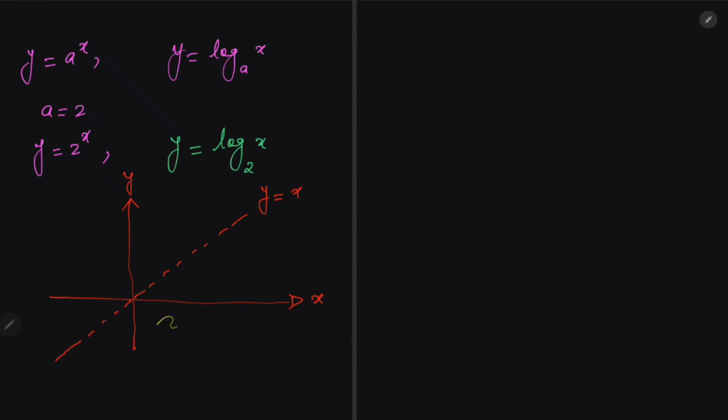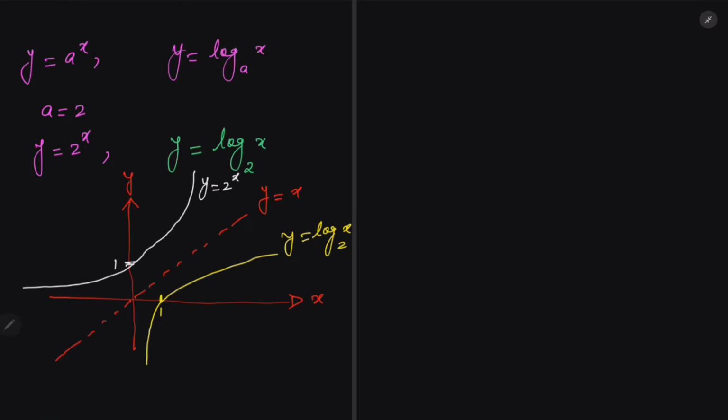And if we have, for example, this is 1, and y is equal to log with base 2 of x, its inverse will pass through 1, and we have y is equal to 2 raised to power x. So log base 2 and 2 raised to power x are inverses of each other.